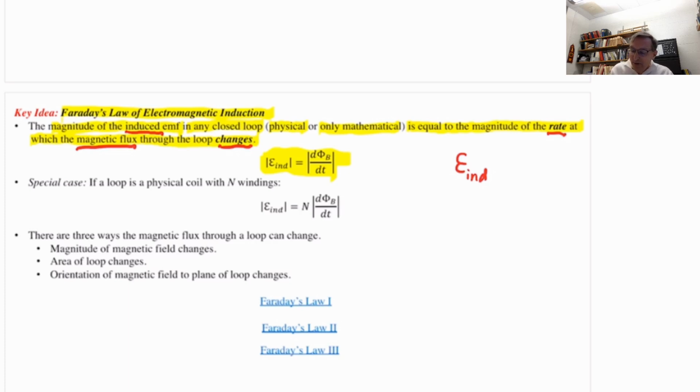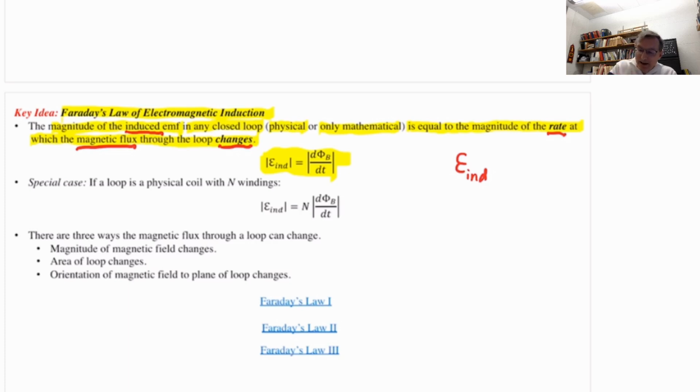So the magnitude of induced EMF in any closed loop is equal to the magnitude of the rate of change of magnetic flux through the loop. Rate of change means derivative, time derivative. So I take the magnetic flux through the loop, phi sub b, and I take its time derivative, d phi sub b dt. Okay?